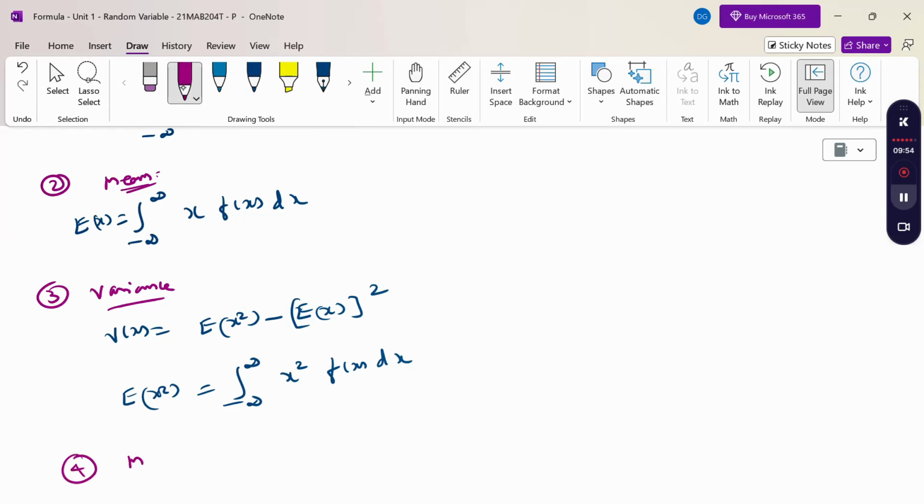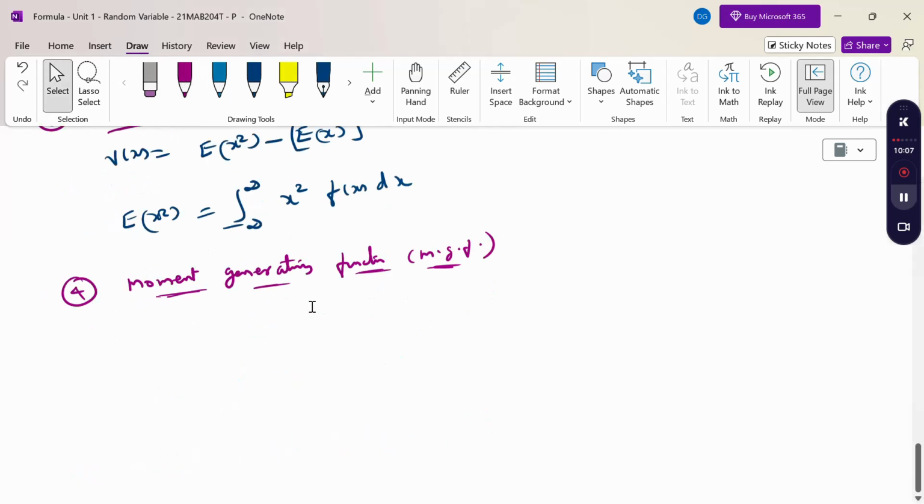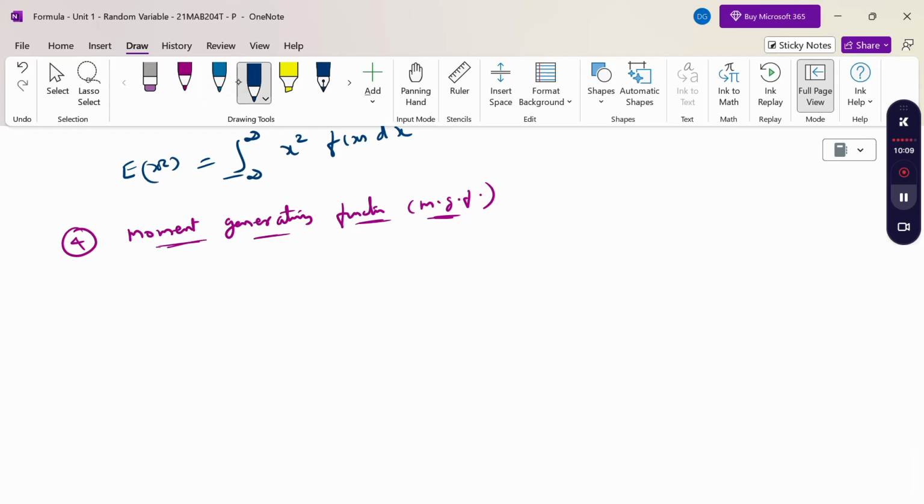And the moment generating function, MGF, capital M x of t, is the integral from minus infinity to plus infinity of e power tx f of x dx.